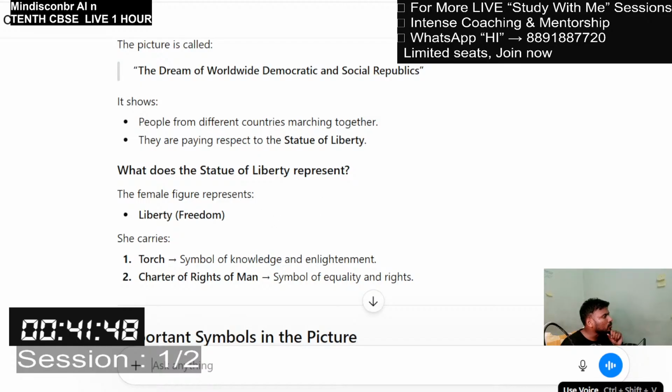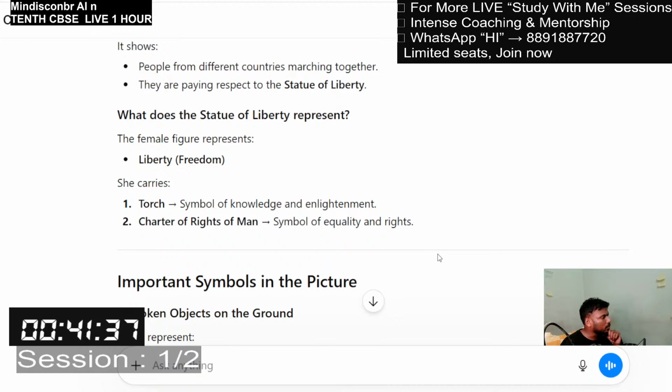What does the Statue of Liberty mean? The female figure represents liberty, freedom. She carries a torch, symbol of knowledge and enlightenment, and a charter of rights of man, symbol of equality and rights.